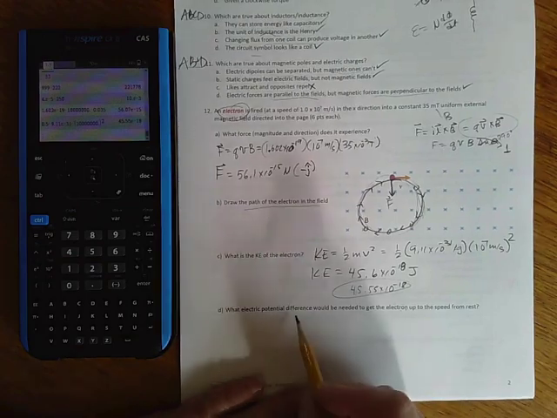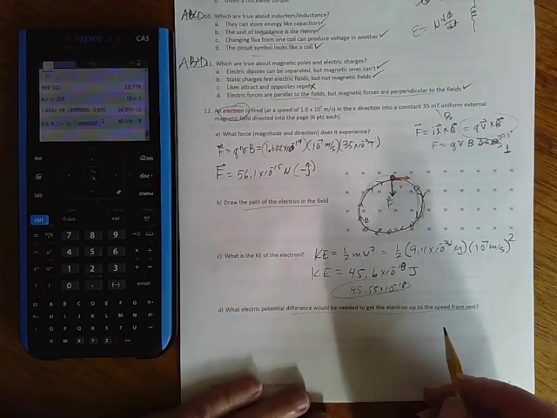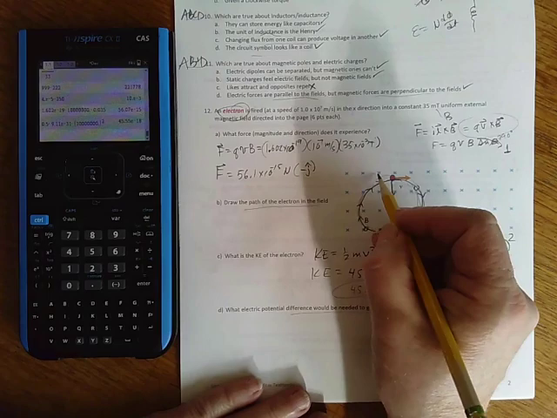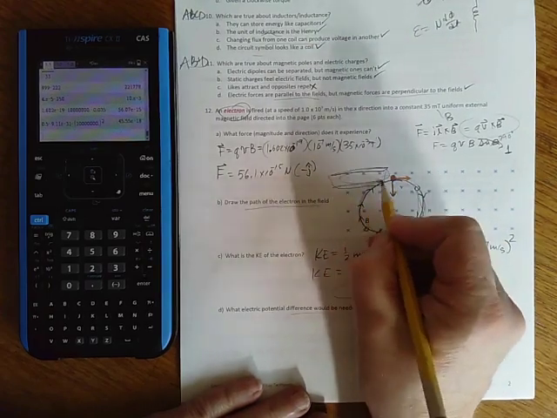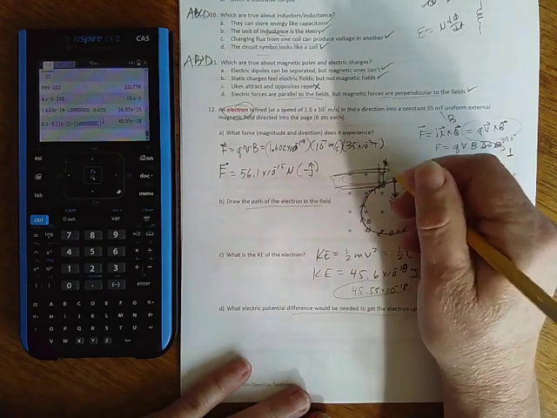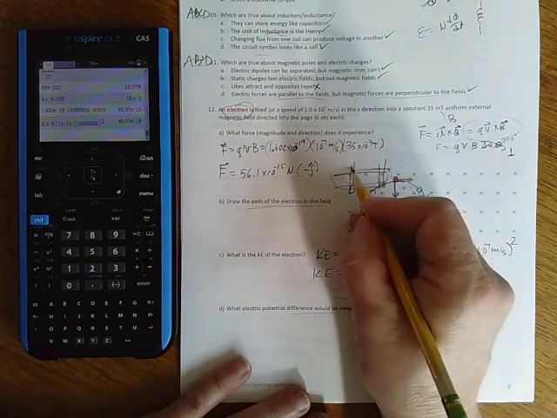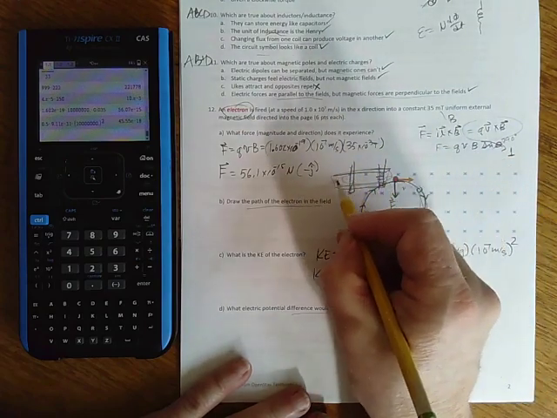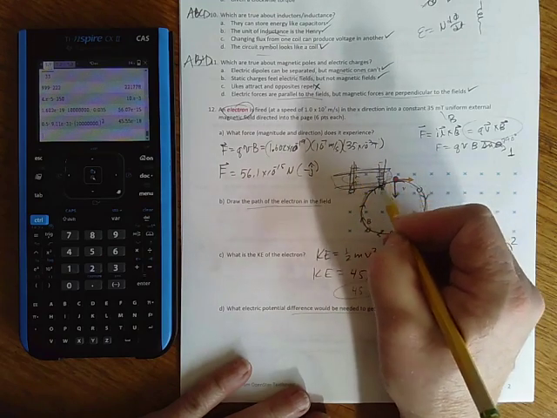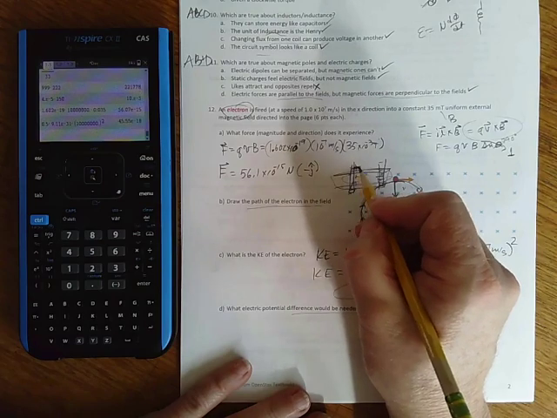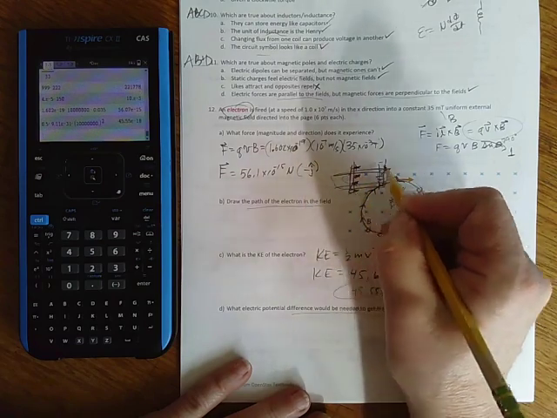So what potential difference would be needed to get the electron up to speed from rest? First we're going to have some sort of a gun, parallel plates that have a hole in it, just like we did before where we had charges here. I'm probably drawing my pictures all wrong.